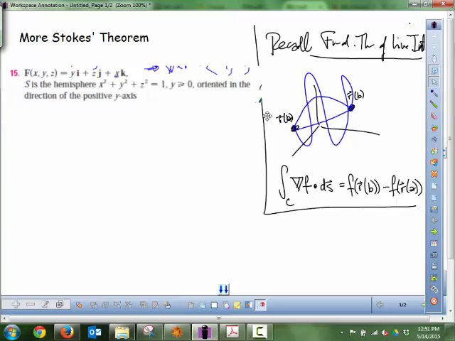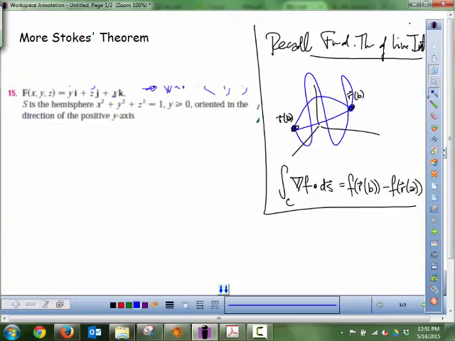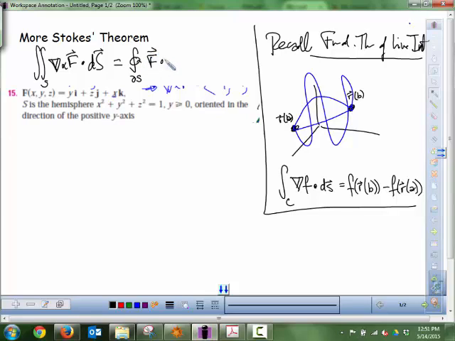So Stokes' theorem says that we can take the flux of a curl of a vector field and bring it down to a line integral over the boundary with a positive orientation of the original function. All right?